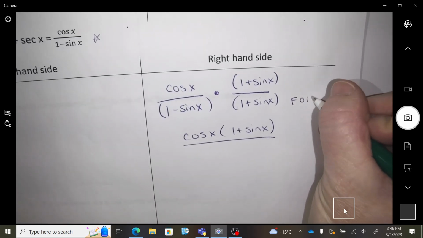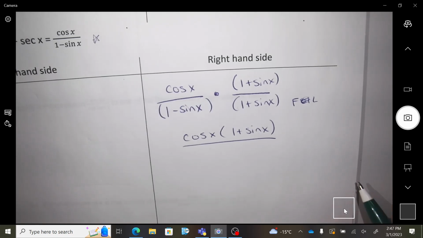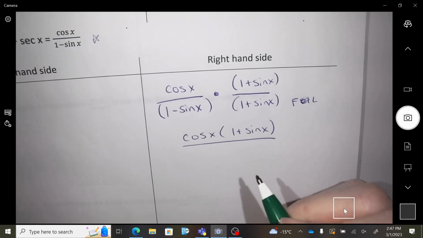And you're going to FOIL the bottom, but you can cheat and just FLU it because of what conjugates do, just like the difference of squares, right? They always cancel in the middle. So what is the FLU? Because the foiling is just a FLU.